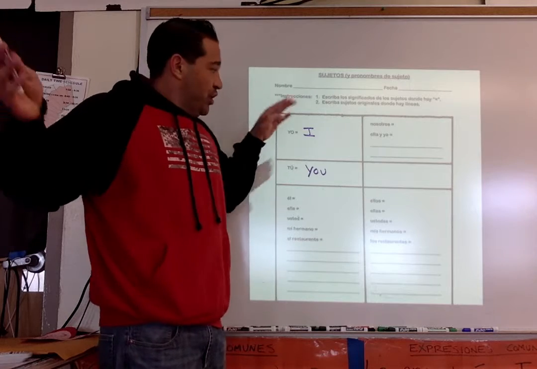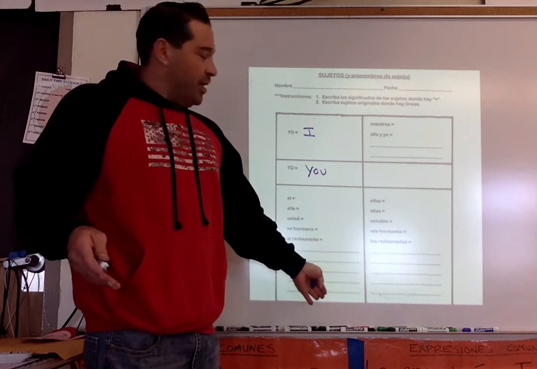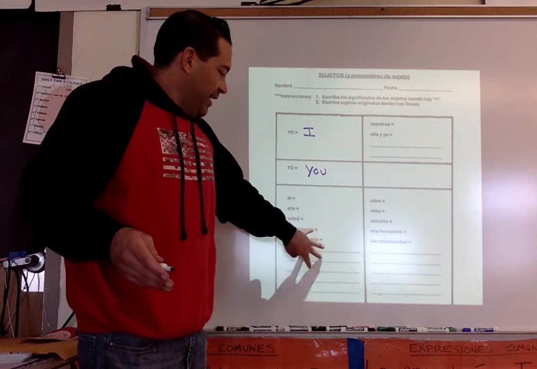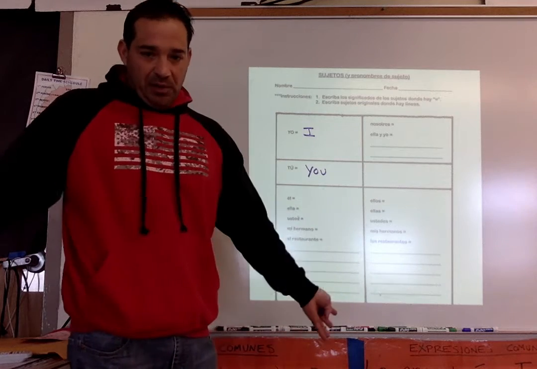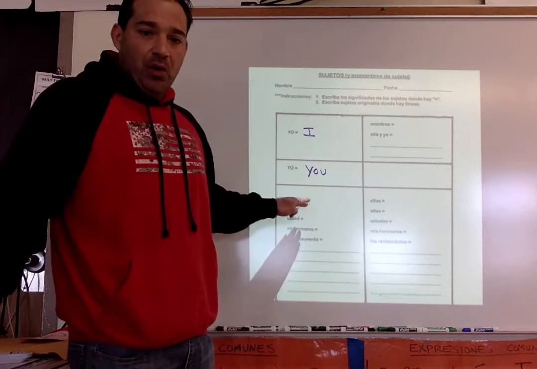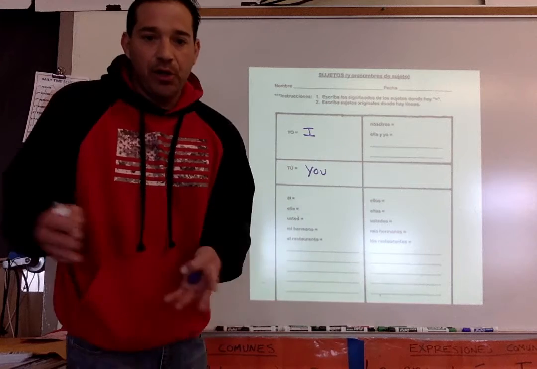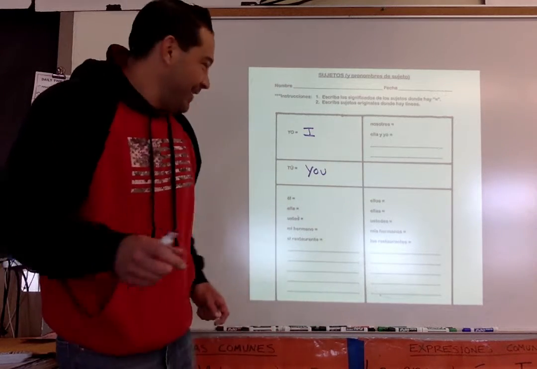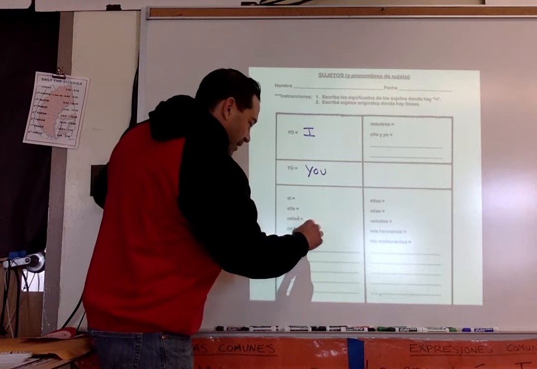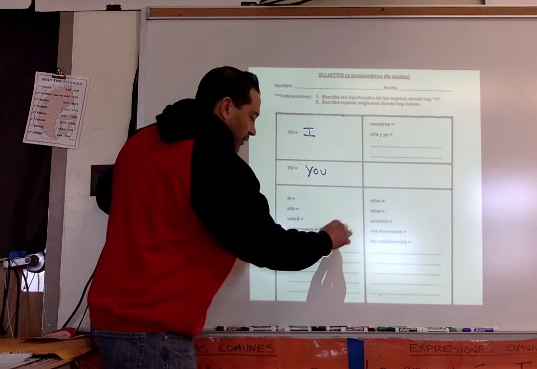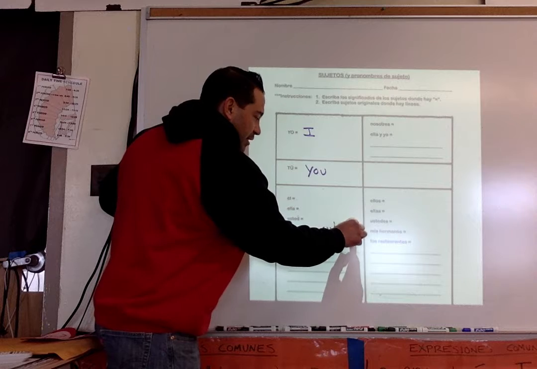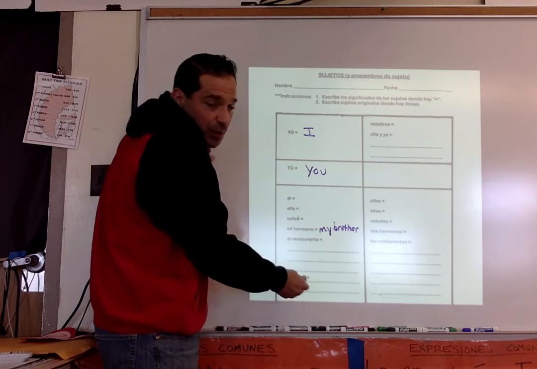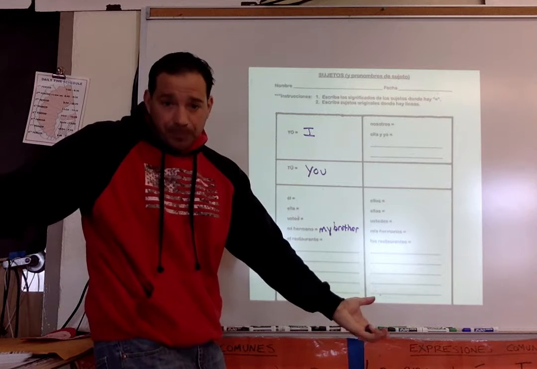So this being the singular side, this box is anything singular other than I or you. My dog, the car, my dad, a french fry, my brother. And this, I just have my students fill in with anything singular.